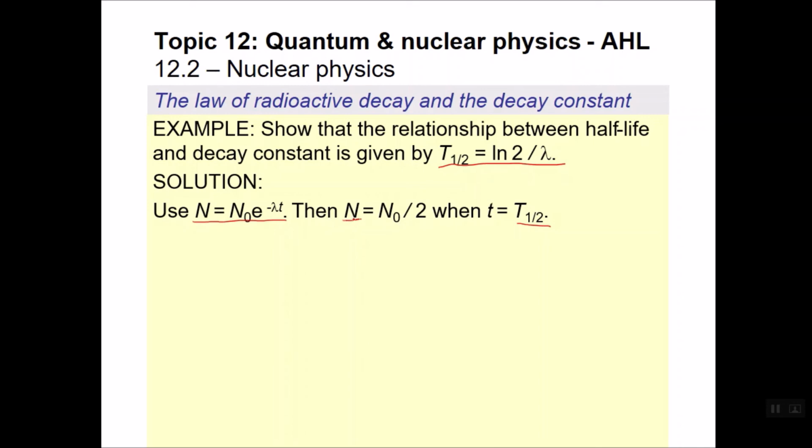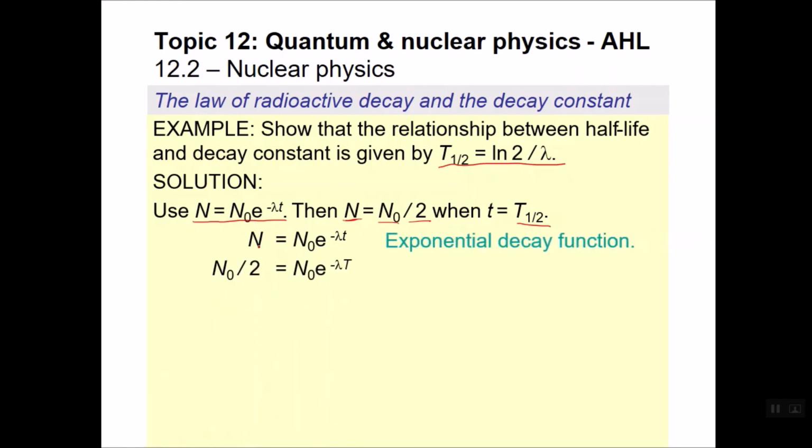Our current population is equal to the initial population divided by 2, because half-life means half of it is gone. So N is just N naught over 2. And so we substitute that into this equation.